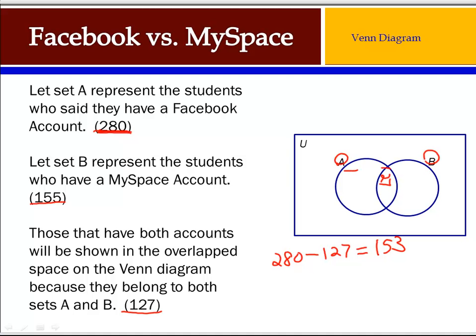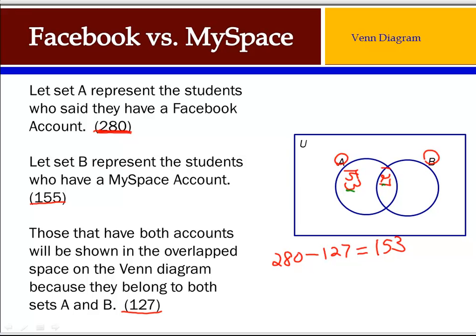So in set A, there are 153 that are just Facebook, 127 that are MySpace. So that's a total of 280 for set A. So our set A has 280 total students. The 153 students who have just the Facebook, as well as the 127 students who have both.